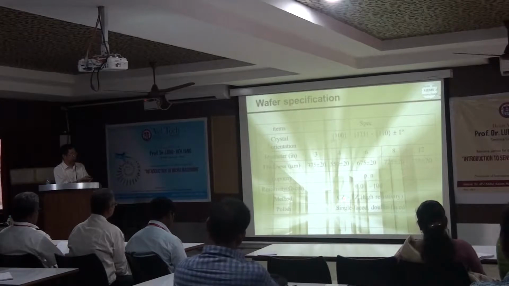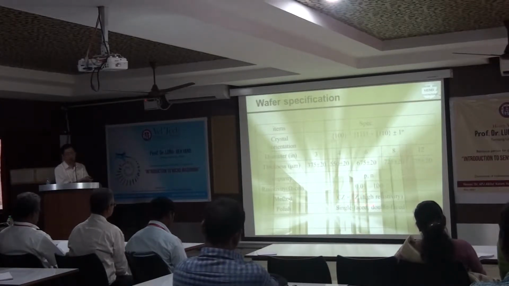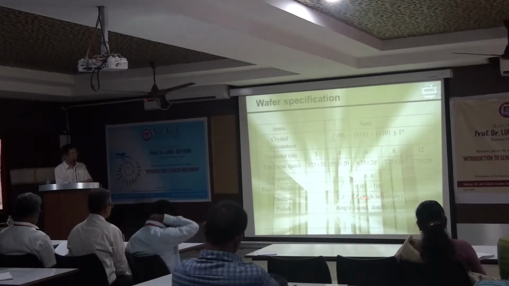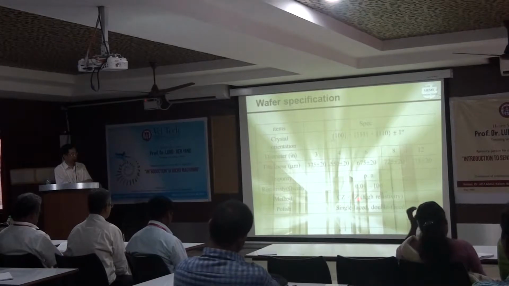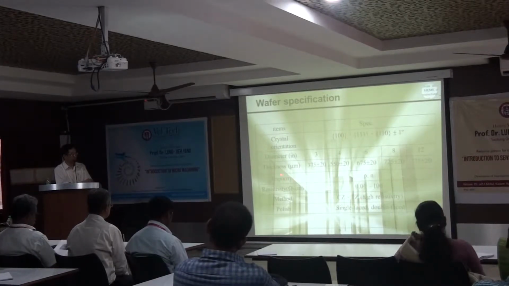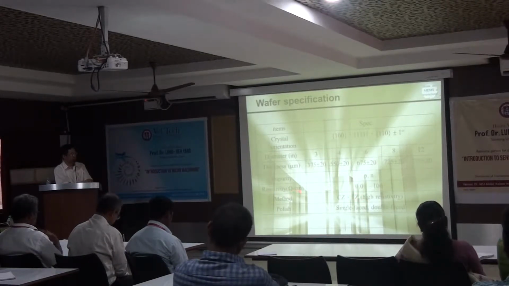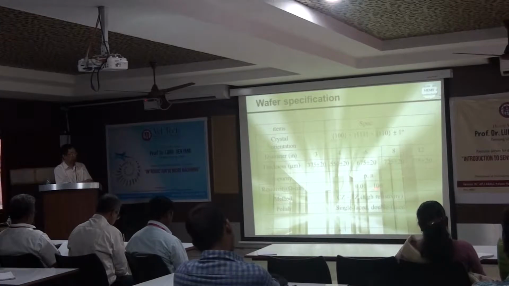Methodology, I will show you CZ or FZ. 2 kinds of method. FZ, the float-zone method, always matches with the impurity or resistivity. For FZ, you will see the resistivity is higher.